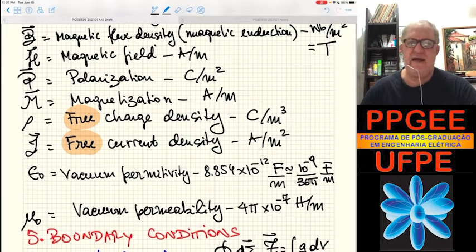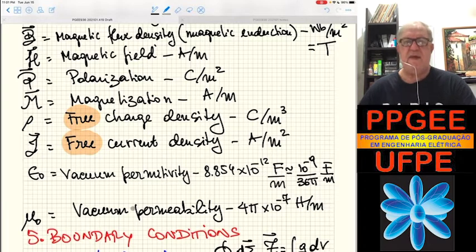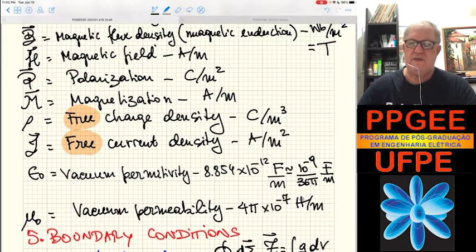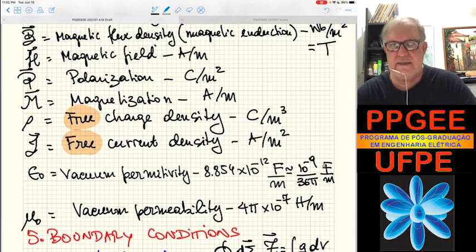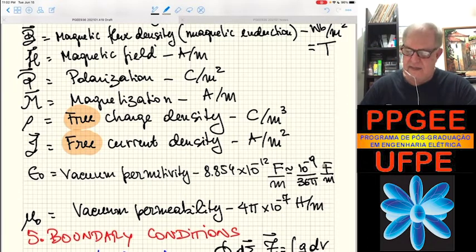That's a nice way to remember the value. 10 to the minus 9 over 36 pi. And mu 0 is the vacuum permeability, which is 4 pi times 10 to the minus 7 Henry per meter. So let's recall, farad is the unit of capacitance, and Henry is the unit of inductance, right?